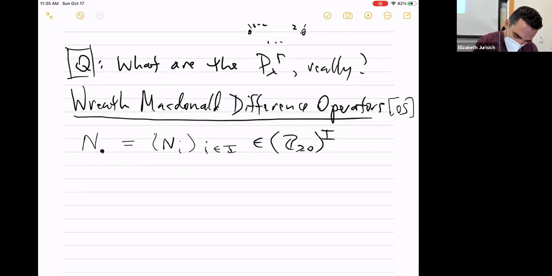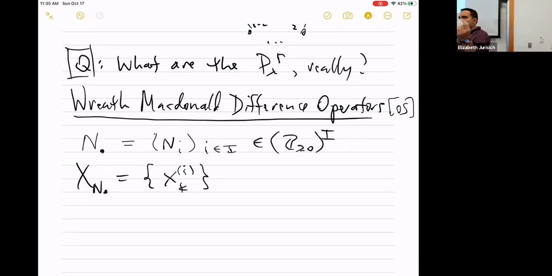So we have a dimension vector, and then we have variables. I'm going to call this capital X, n dot, X_k^i. The variables are now colored by the vertex. I have a subscript for the variable number, and a superscript for the vertex where it lives. So i is in I, and k is between 1 and capital N_i. These are the variables.